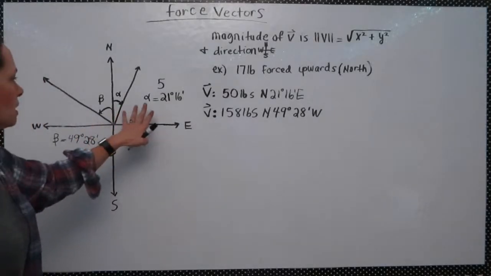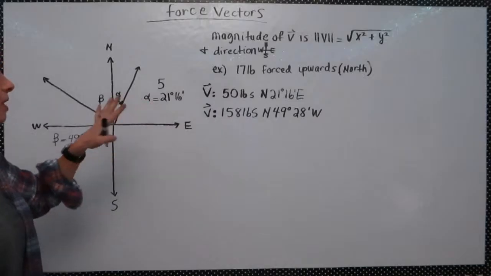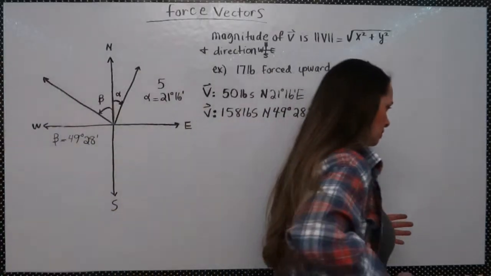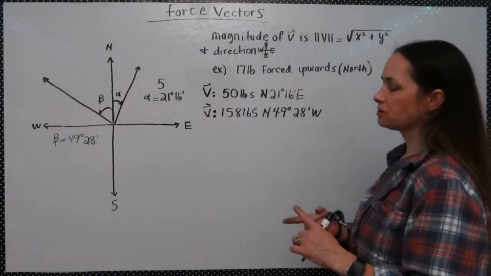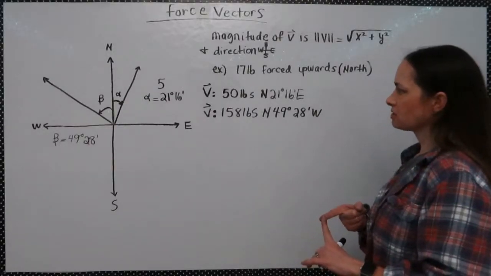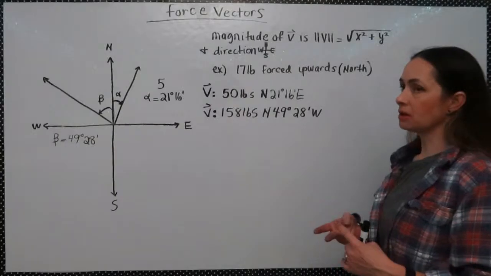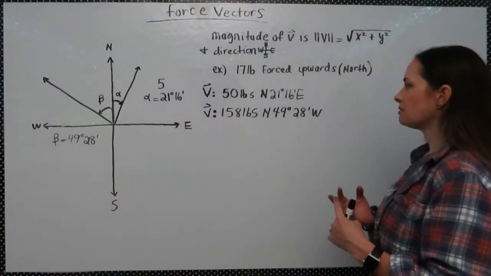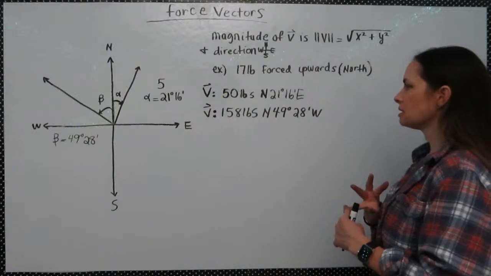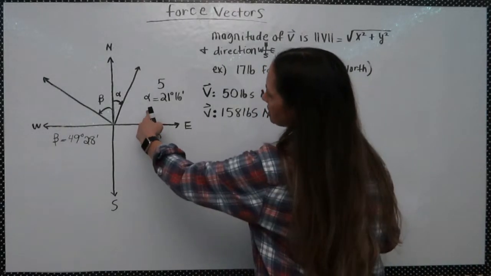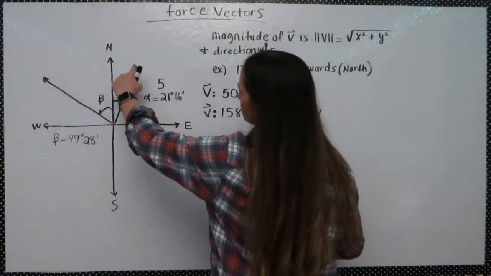All right, and if your vectors are too large, there is a way to draw them out. There's a tip to tail method of adding vectors, and there's also the parallelogram method. If you can imagine they were drawn to scale, which I don't think they are, this one would have to be much shorter.